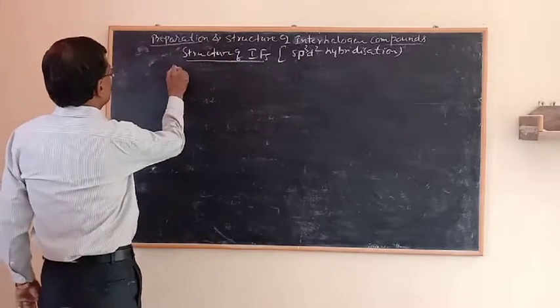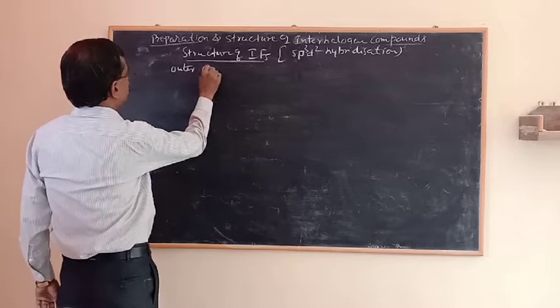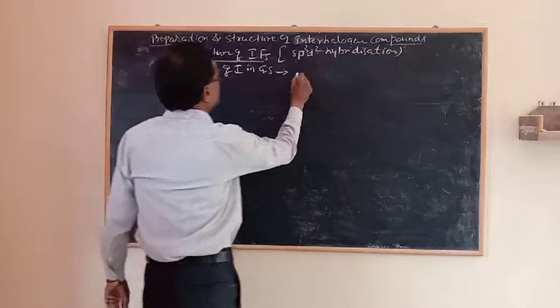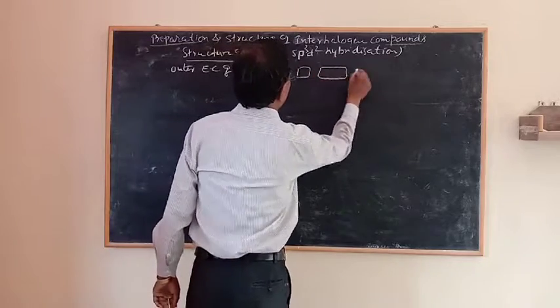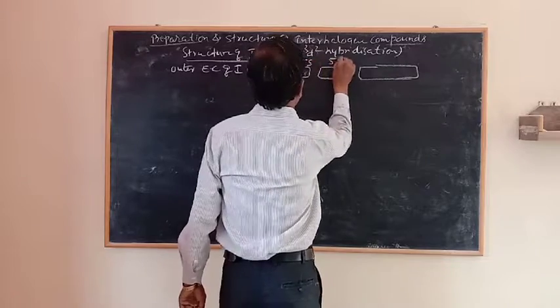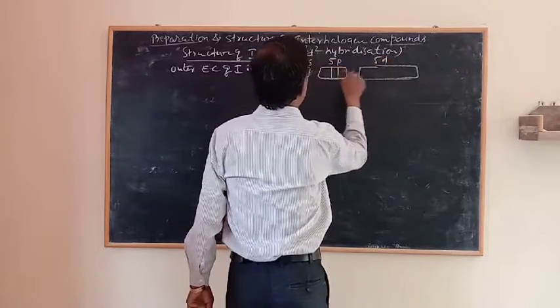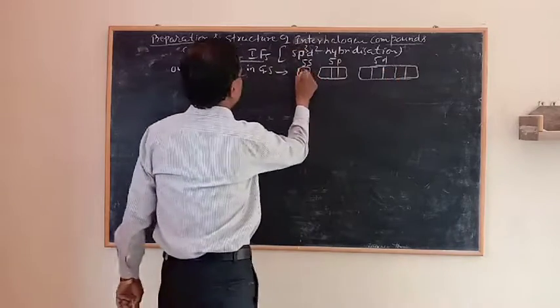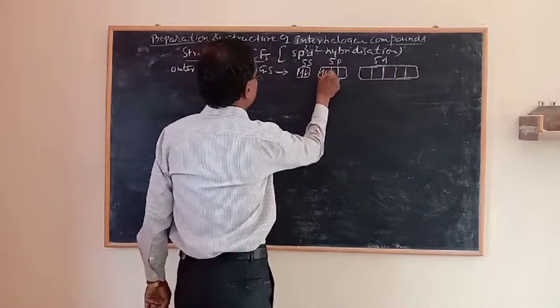Again, we take the outer electron configuration of iodine in the ground state. Same, 5s, 5p, 5d: 1, 2, 3, 4, 5, 7 valence electrons.